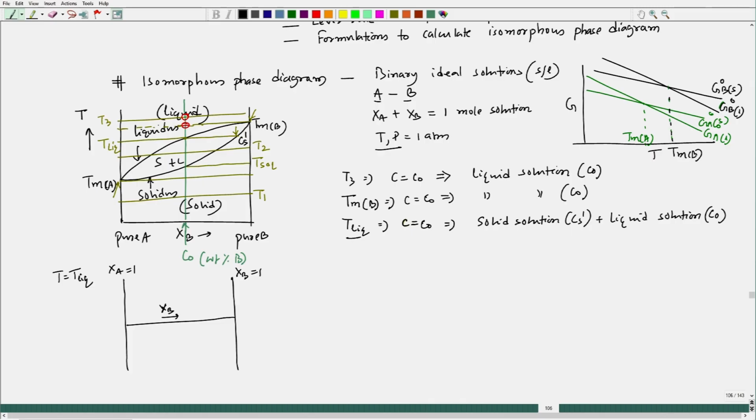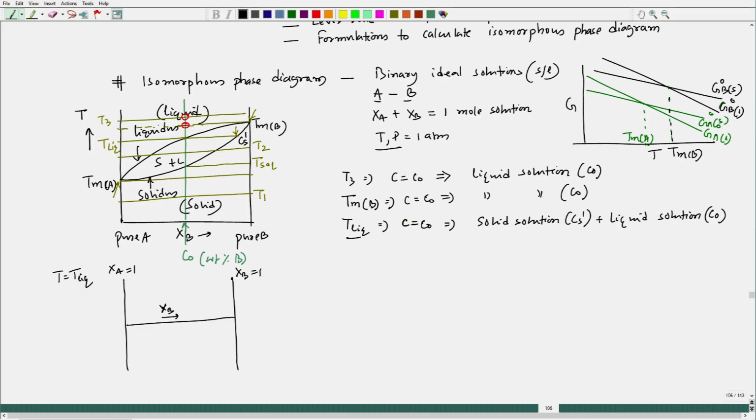Okay. So, we are choosing a temperature which is in between TMA and TMB, that means the melting points of A and B. If I draw a parallel line with respect to the Xb composition axis on the T versus Xb plot, this particular T liquidus line is passing through 2 points, one crossing the liquidus, another crossing the solidus line, but that crossing point of the liquidus is exactly matching with C naught.